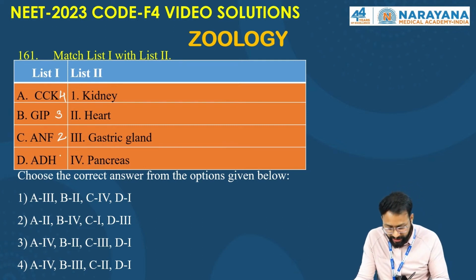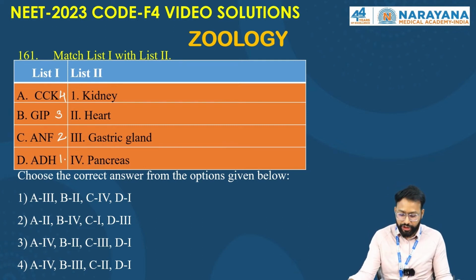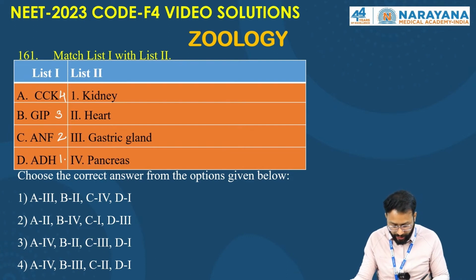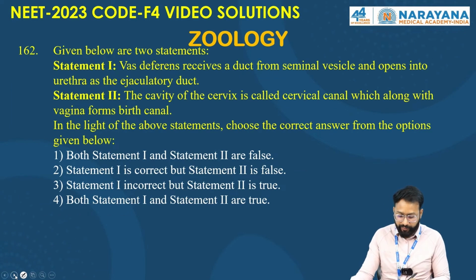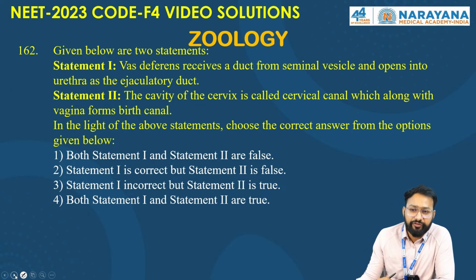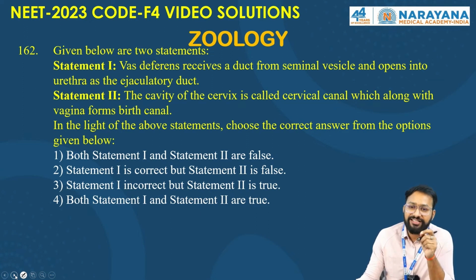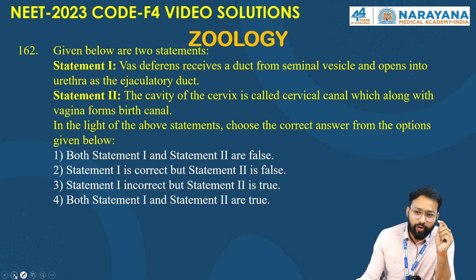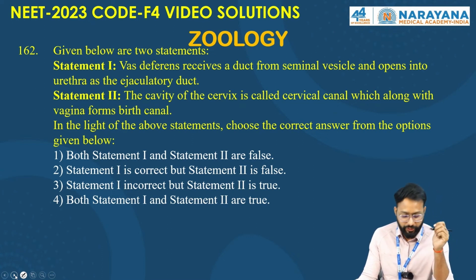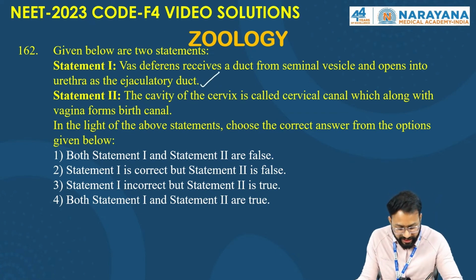So ADH should be 1. So the correct option should be 4, 3, 2 and 1. Option number 4. Moving to the next question, a statement related question. Vas deferens receives a duct from the seminal vesicle and opens into the urethra as the ejaculatory duct. So in the prostate region, there will be an opening of this ejaculatory duct into the urethra, which is a correct statement.